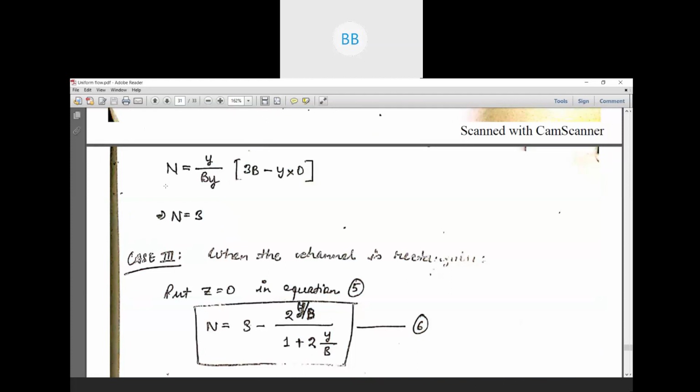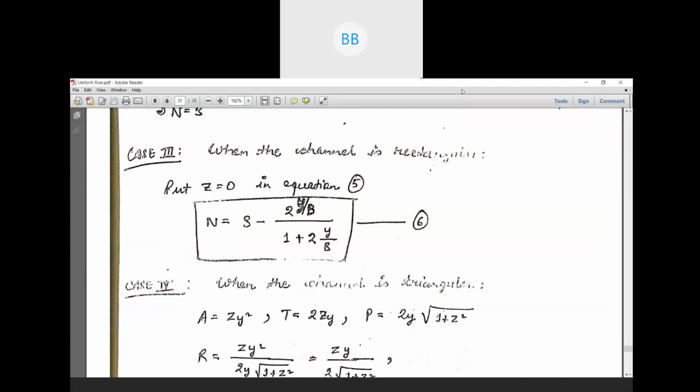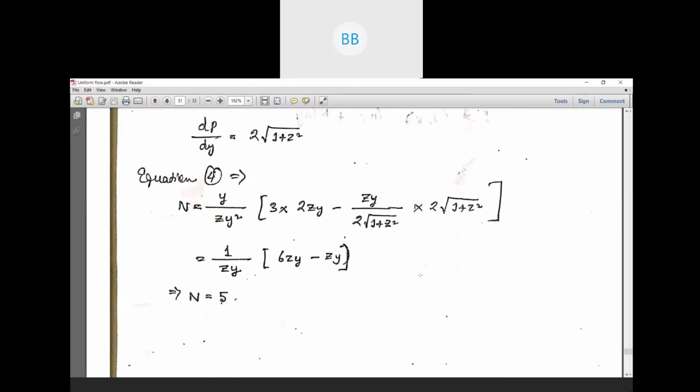Whatever we have derived is a general equation you can apply to any channel section. For triangular I think it's 5. Yes, for triangular it is N equal to 5. So those are the things you can directly find out by substituting in the general equation.